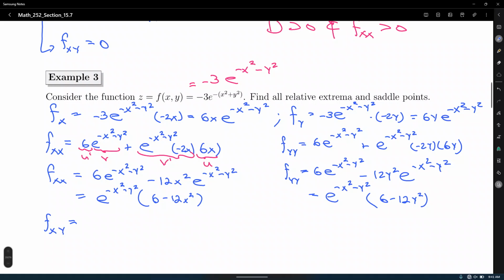Do we really need the product rule this time? No, not this time, because the y only appears in the exponent, so it's going to be itself, 6x e to the negative x squared minus y squared times negative 2y, which reduces to negative 12xy e to the negative x squared minus y squared. Okay?